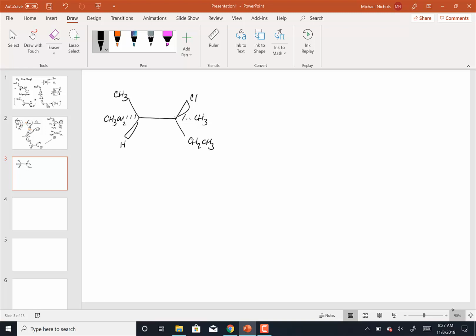Okay, so let's say we started with this molecule, and I want to do an E2 reaction. This is actually going to be messier in terms of what are all the possible products, but I'm going to ignore that for the moment, and I'm going to say if the base comes in and grabs that beta hydrogen, what is the stereochemistry of the alkene going to look like? It's a very simple question.